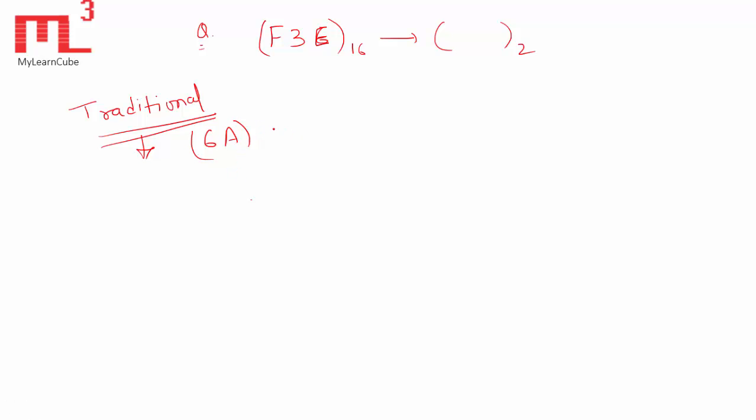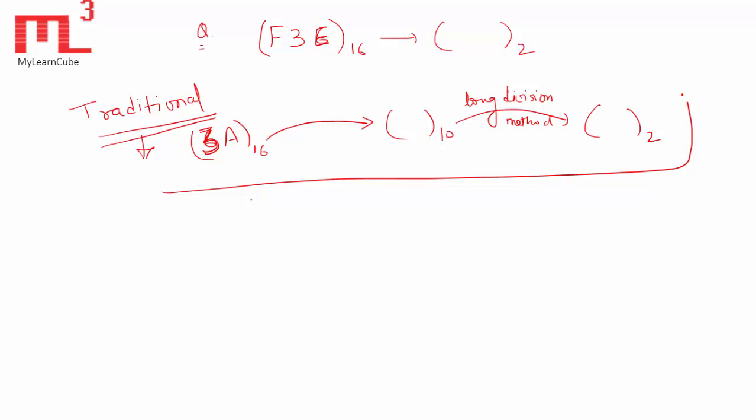We first convert to base 10, and then from base 10 we use the long division method to convert into the required base 2. This is the traditional way to solve this question.